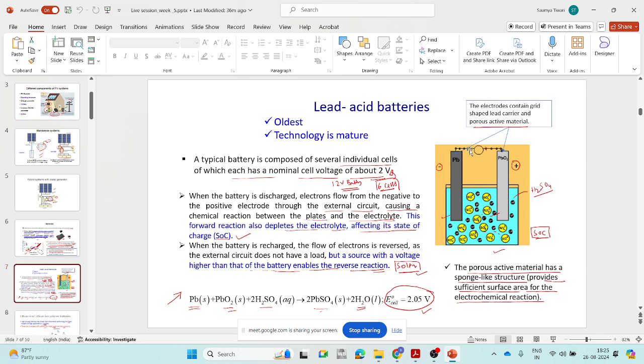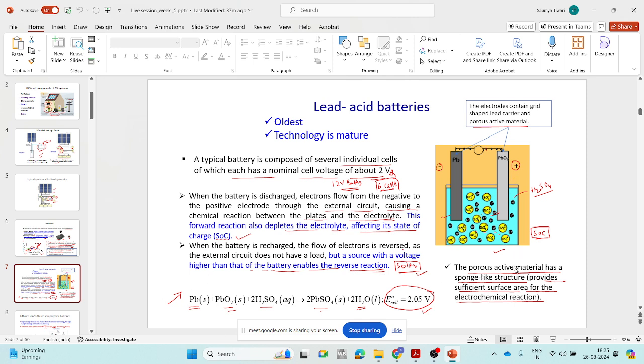So this is a forward reaction. Okay, so this depletes the electrolyte, affecting its state of charge. And when the battery is discharged, the flow of electrons is reversed, and we do not have any external load, but a source with a voltage higher than that of the battery enables this reverse reaction. So this is the chemical reaction that we are talking about.